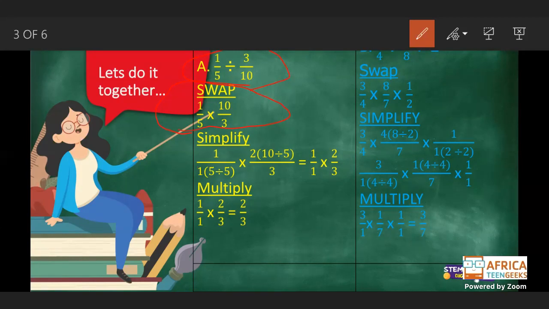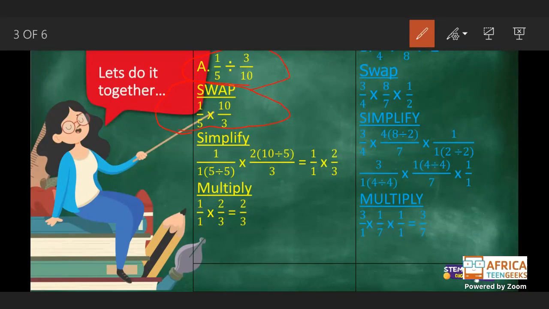So now you are done swapping your fractions. You swap the last fraction. Now we must simplify. When we simplify, you remember we check the opposite numbers.